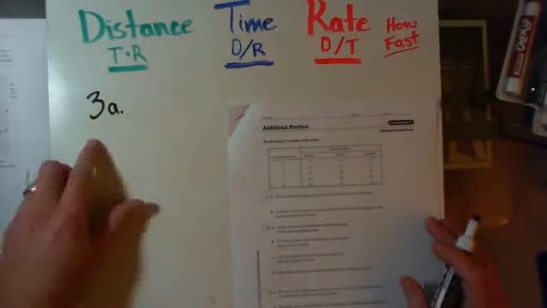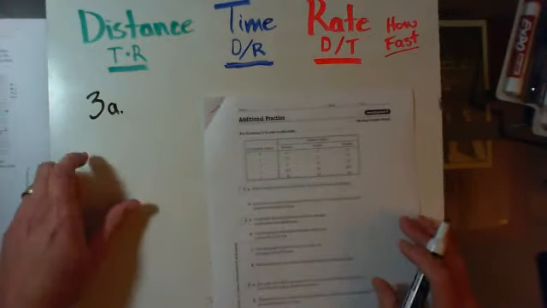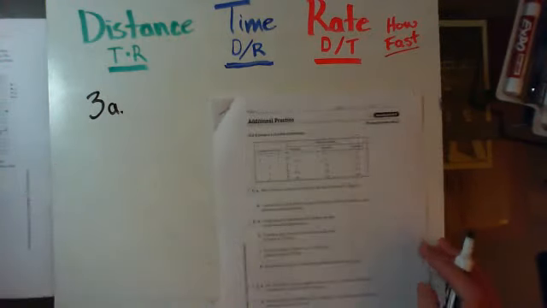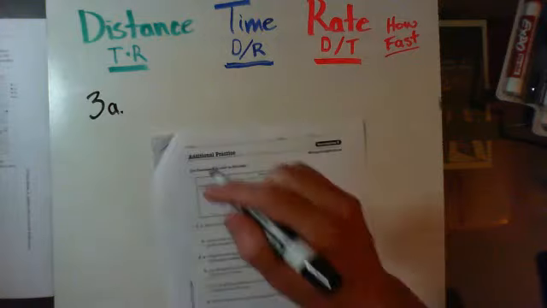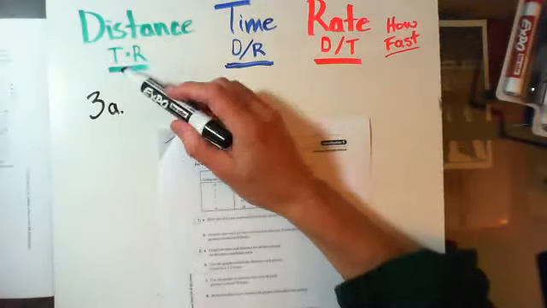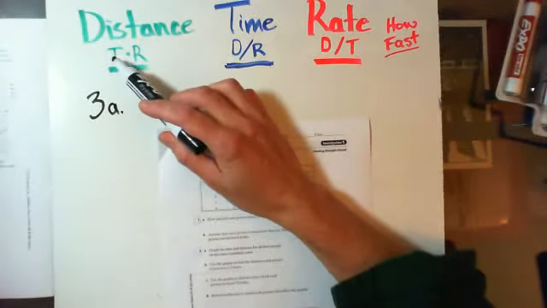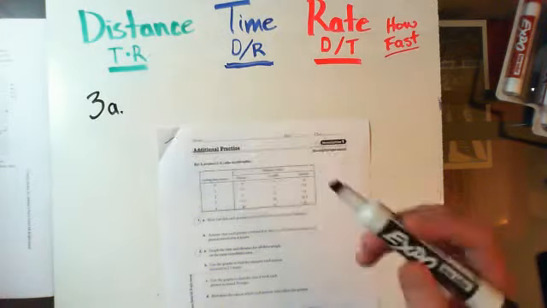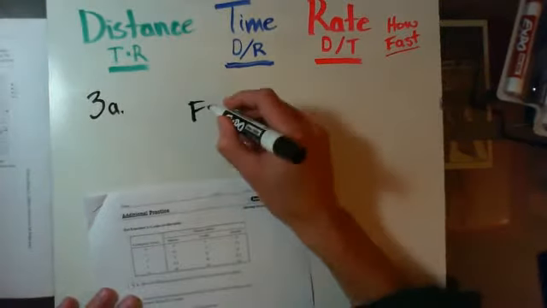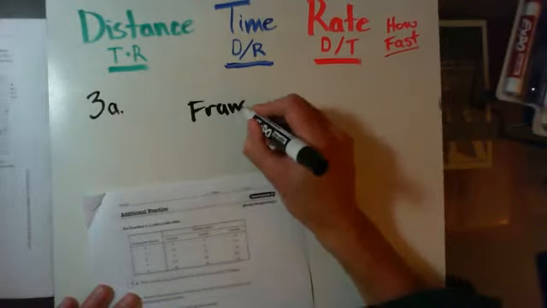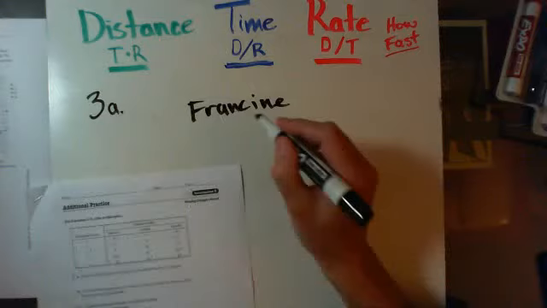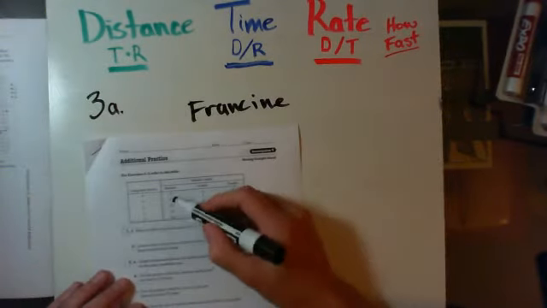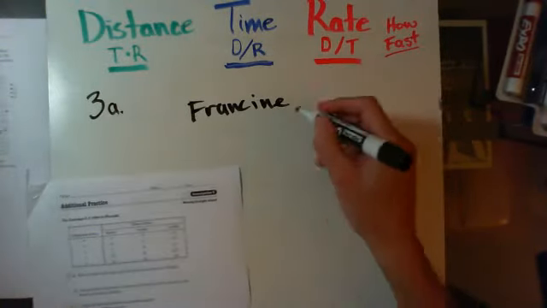Okay, for problem 3a, it asks you, for each rider, write an equation you can use to calculate the distance traveled after a given number of hours. Now, I've already helped you out with this. I've told you that distance can be found by multiplying the time times the rate. So, for example, Francine, again, she had a rate consistently of 4.5 miles per hour.